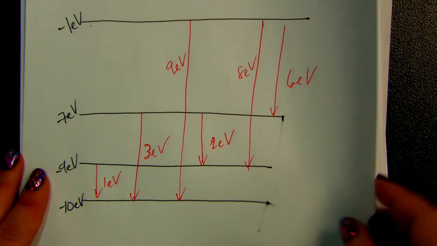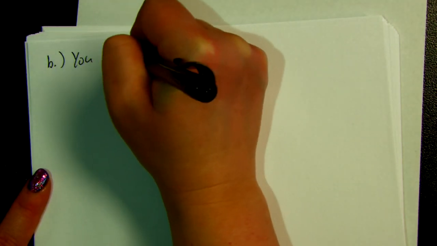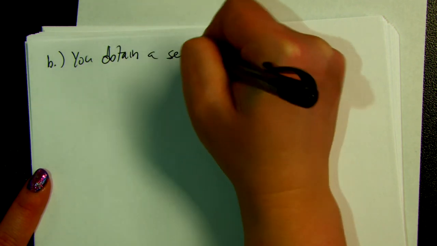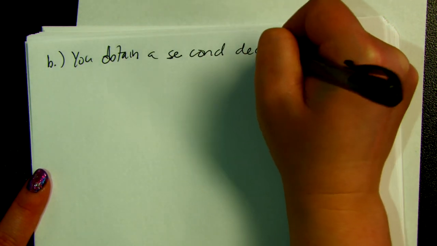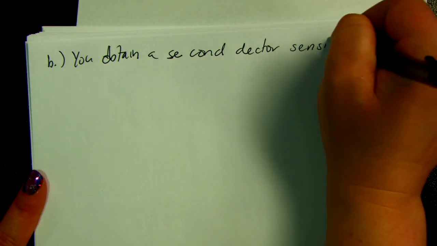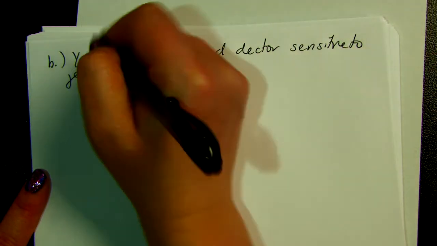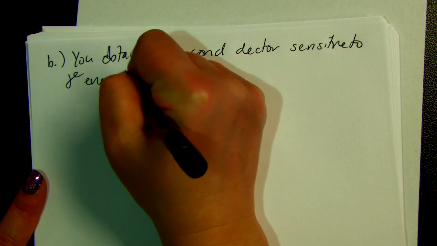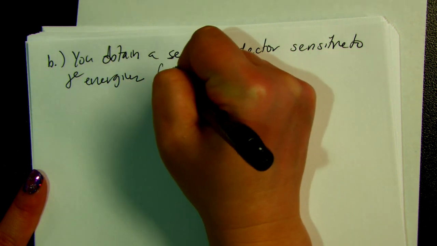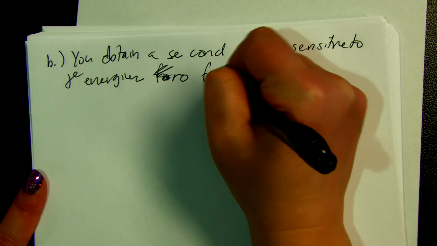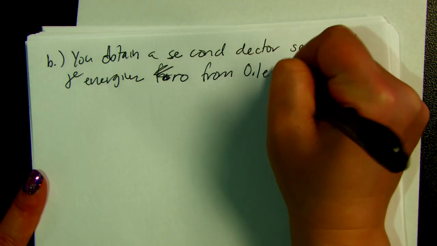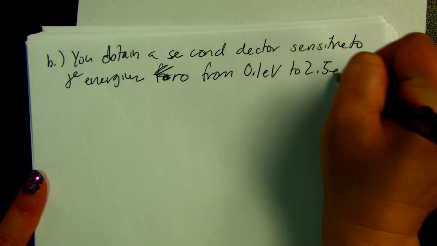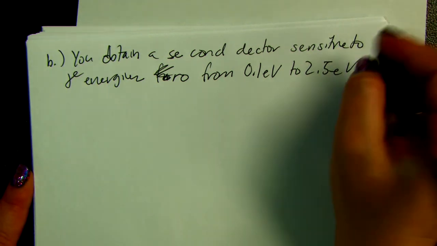Now let's move on. Let's say we obtain a second detector sensitive to photon energies from 0.1 eV to 2.5 eV, because we suspect there's some things we're not seeing.